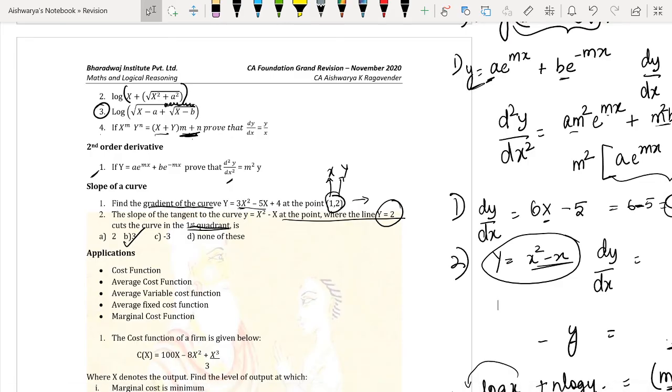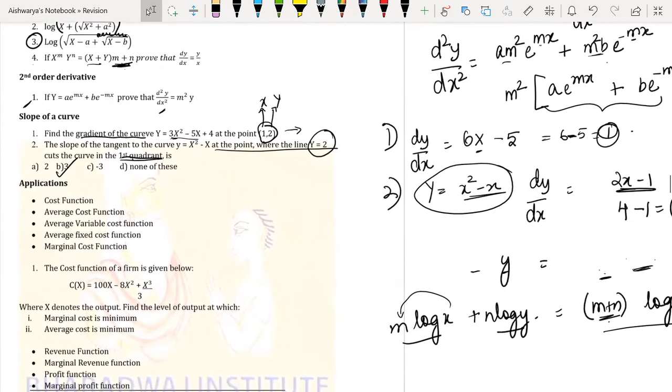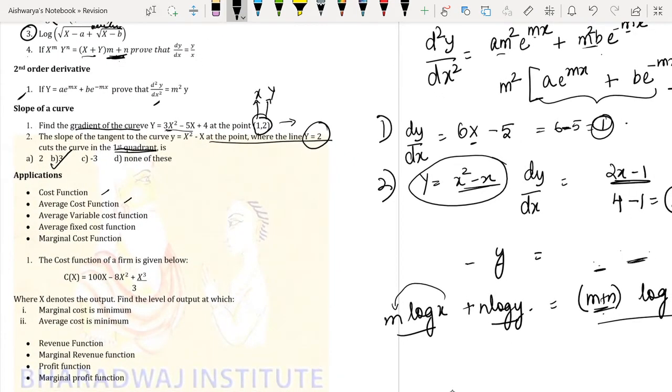Now coming to the applications, in the applications what you have is cost function, average cost function, average variable cost function, average fixed cost and marginal cost. Cost function is defined as C of x, average cost function is AC of x, which is nothing but C of x, that is a cost function divided by x. How do you arrive at average cost?